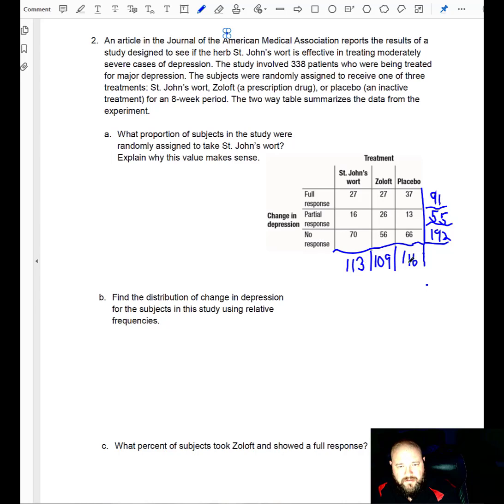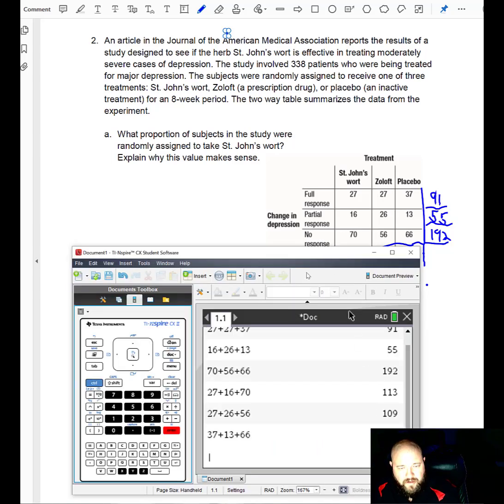Alright, so now these two totals should add up to equal the same. So we're going to do that just to verify. So we got 91 plus 55 plus 192, which is 338, and then we should have 113 plus 109 plus 116.